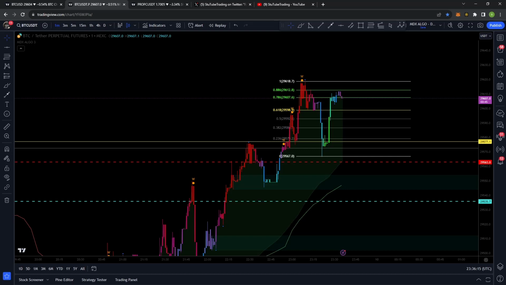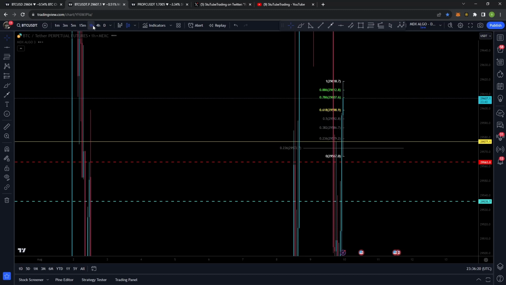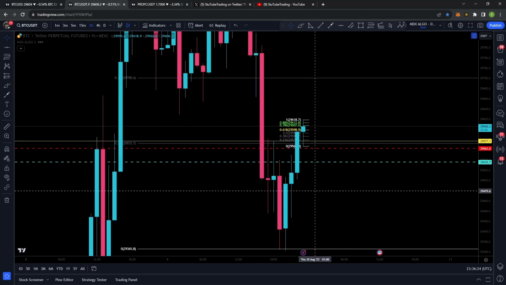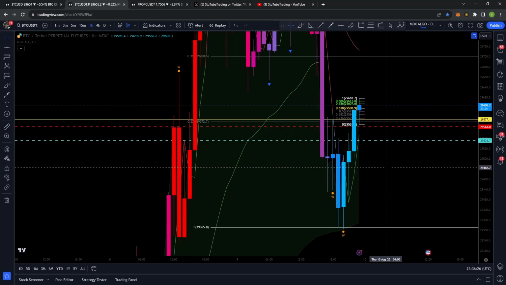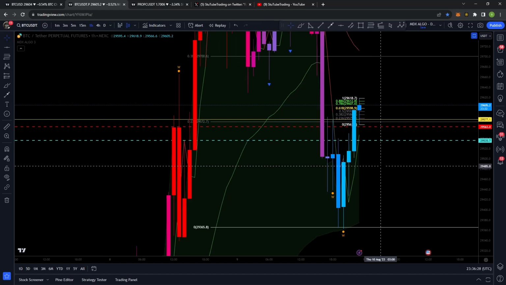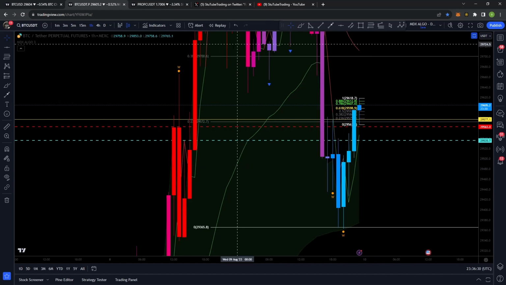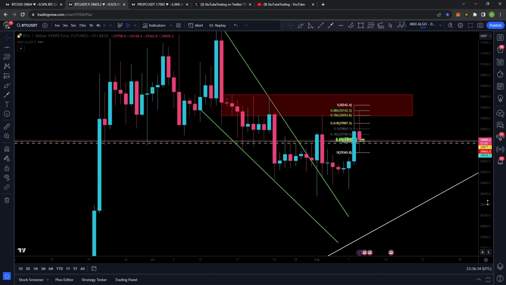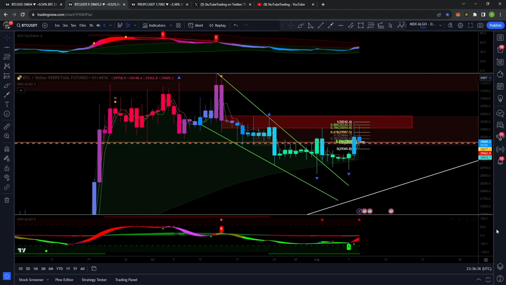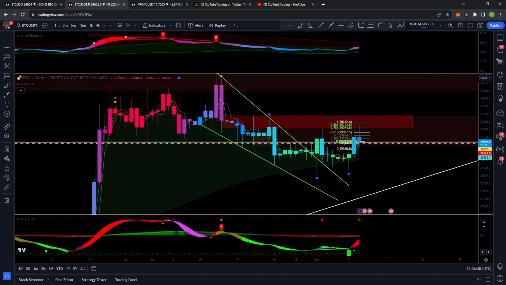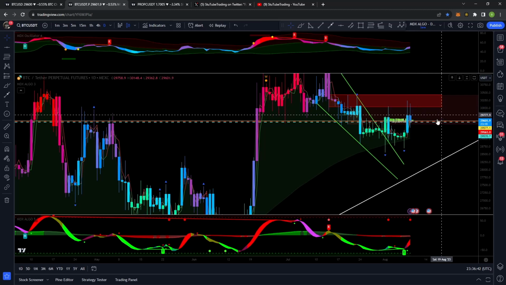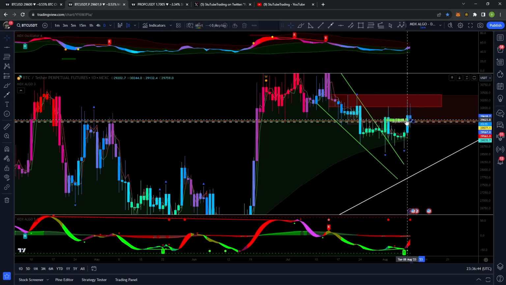4 hour and 1 hour looking like it's an inside bar reversal. Let's check out the 1 hour here. Daily bullish divergence. Let's check that out. Daily bullish divergence on any specific indicator.